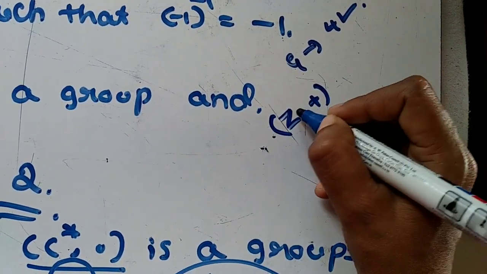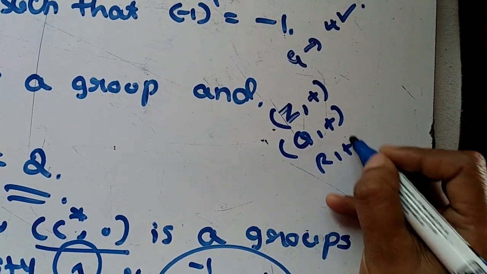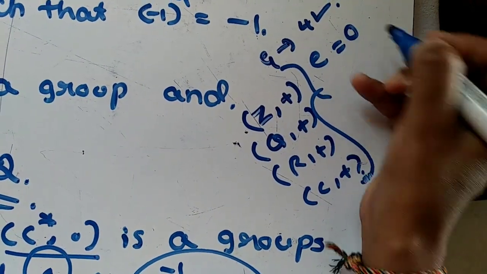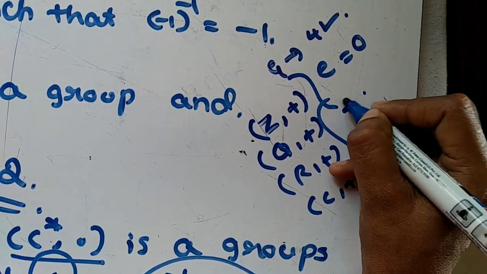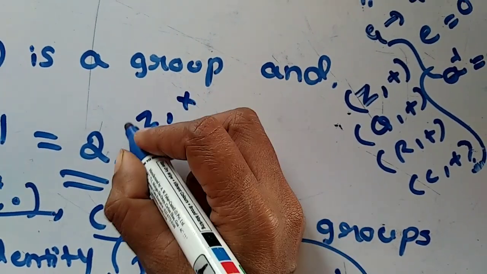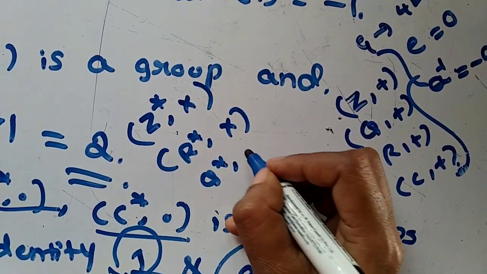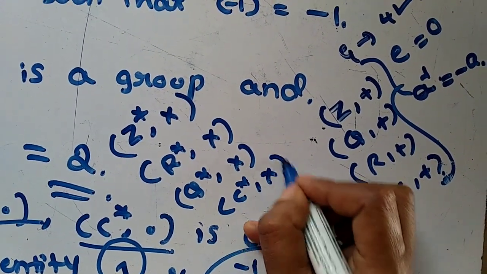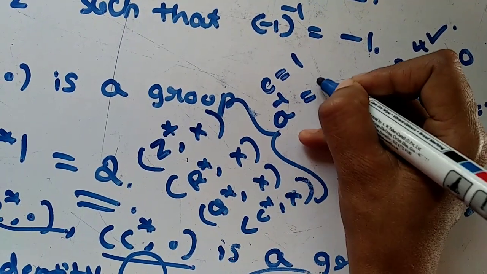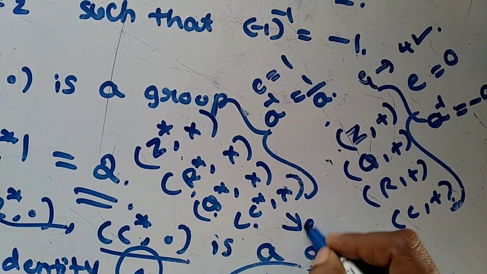For Z with respect to plus, or Q, R or C with respect to plus, the identity element is 0 and the inverse is minus A. In multiplication, for Z star, R star, Q star and C star with respect to multiplication, the identity element is 1 and the inverse is 1 by A. So these all are groups.